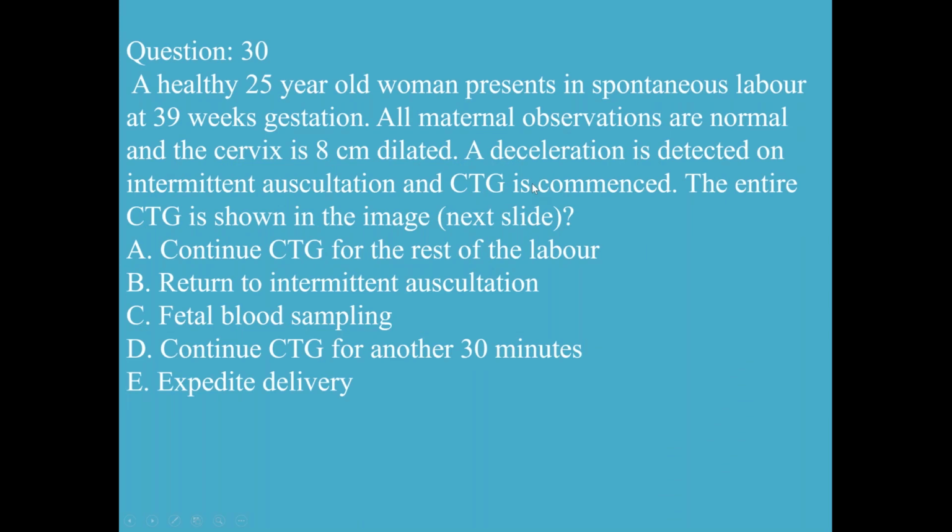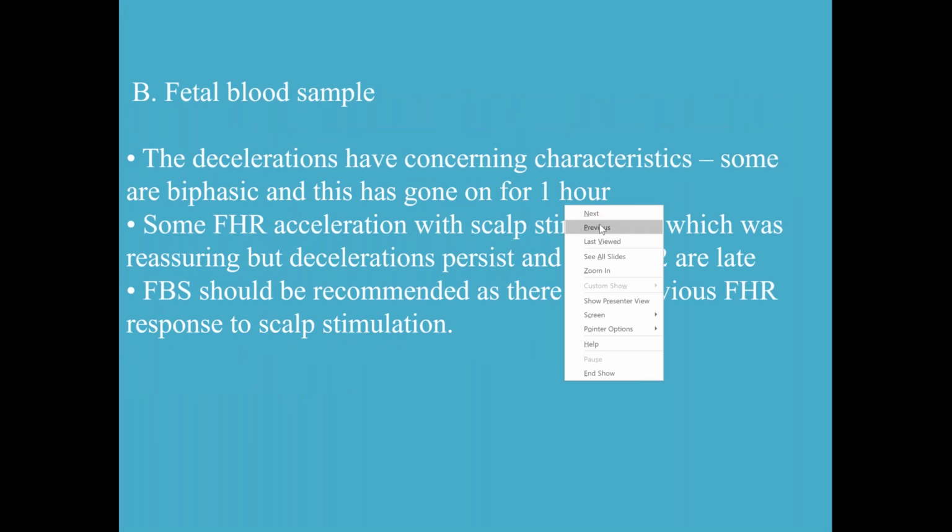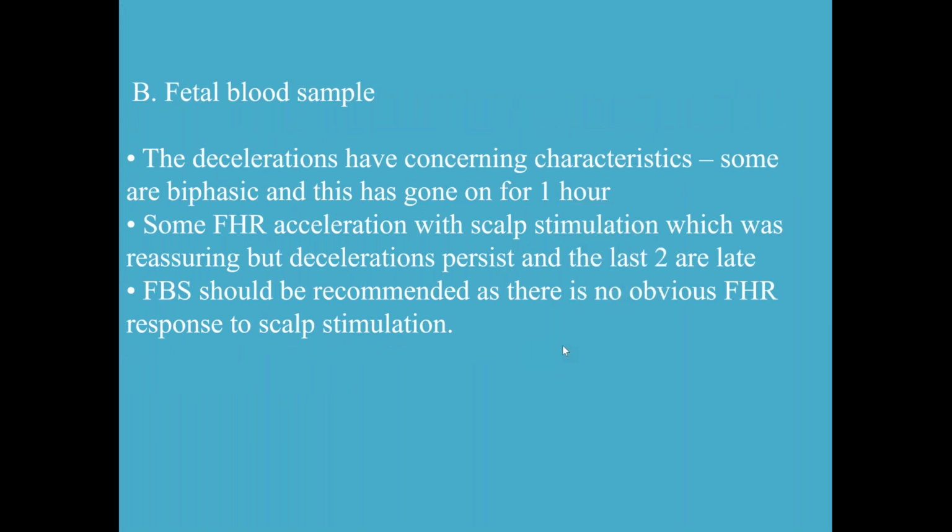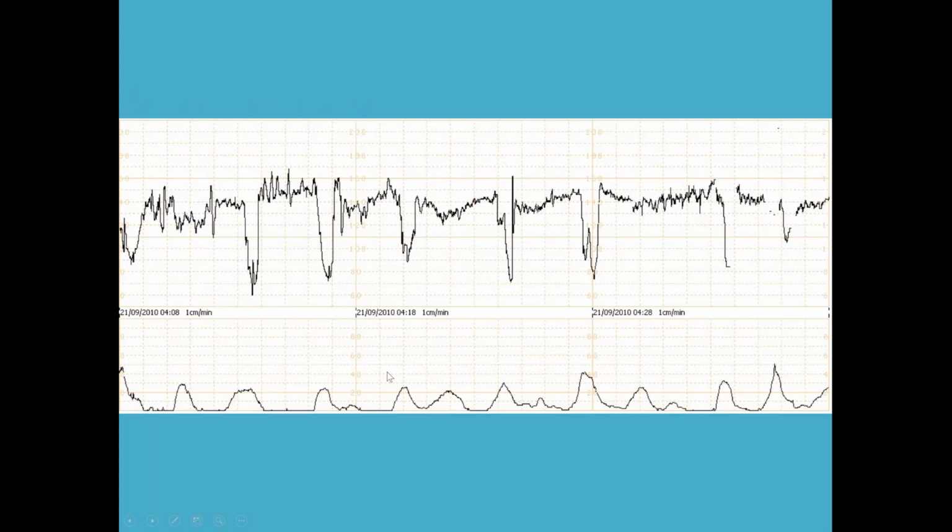In the previous CTG, look at this 10 minutes: 1, 2, 3, about 3. So it is normal, 3 to 4 contractions. No tachysystole.